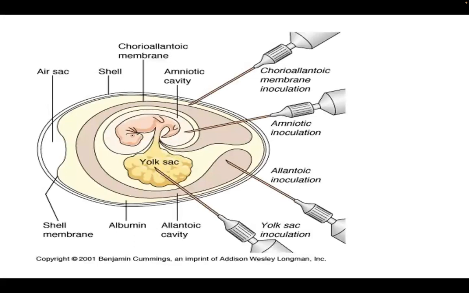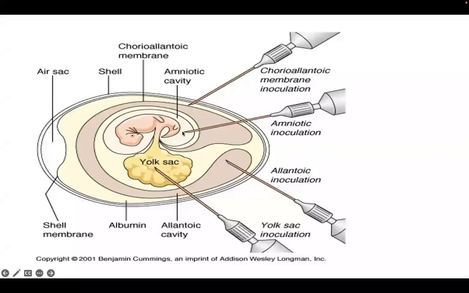So this diagram shows the different sites that can be used to inoculate the virus and cultivate it. So the yellow section shows the yolk sac, and then the section surrounding the embryo is the amniotic cavity.